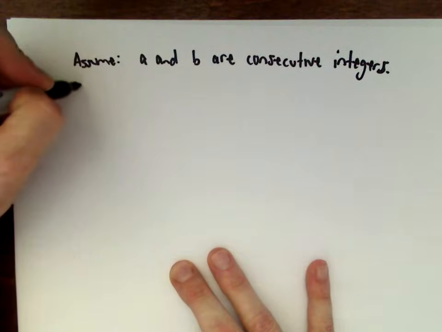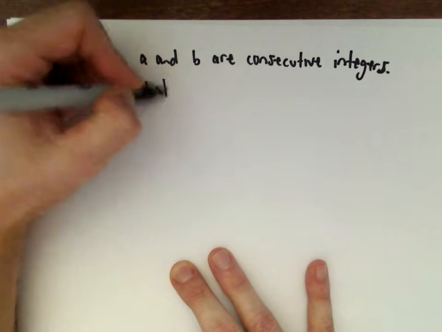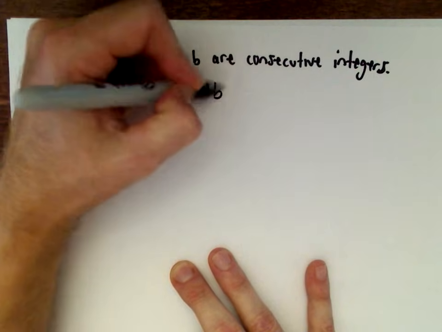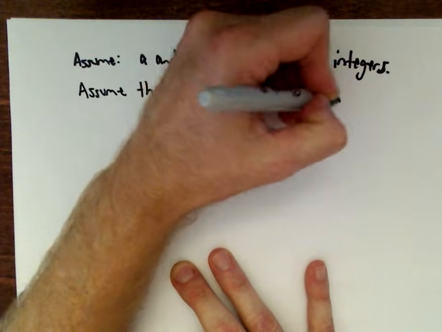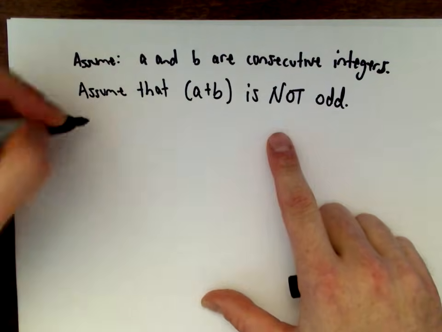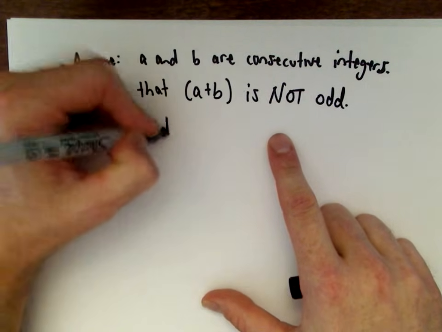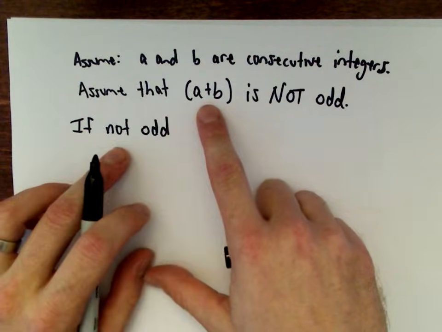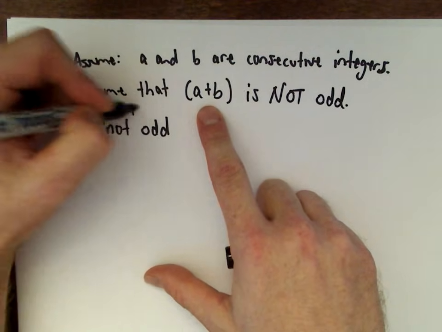And now let's assume, though, that the sum A plus B is not odd. Let's assume that it's not odd.